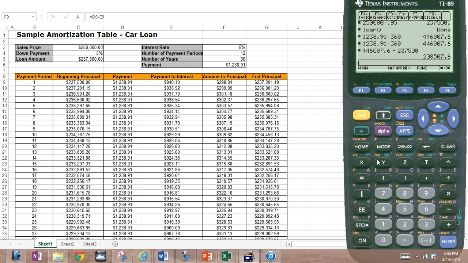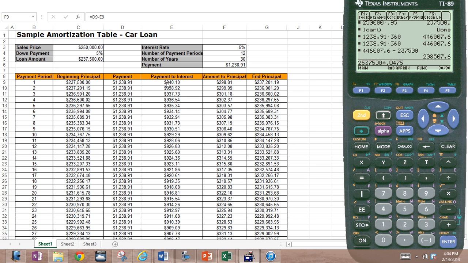So we are borrowing $237,500 at a rate of 4.75. For the first month, that's the only amount that we're borrowing, because in the second month the principal will be diminished by almost $300.